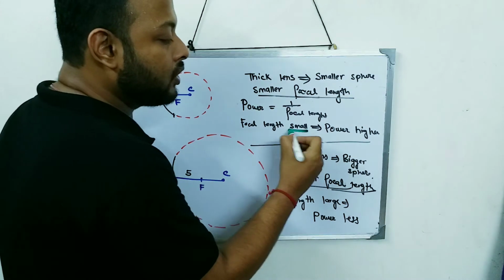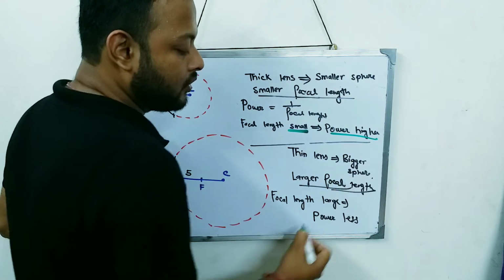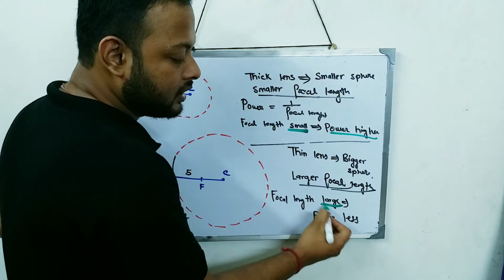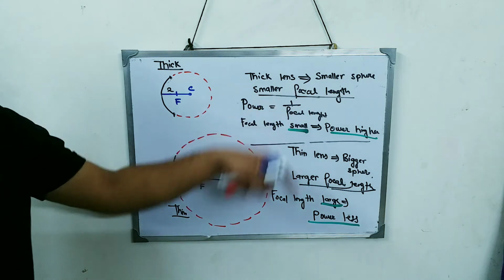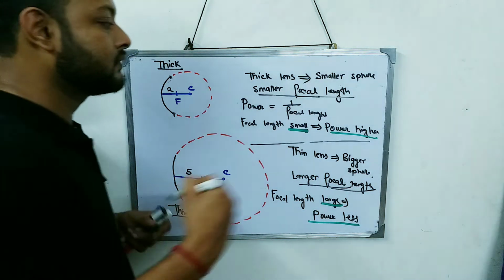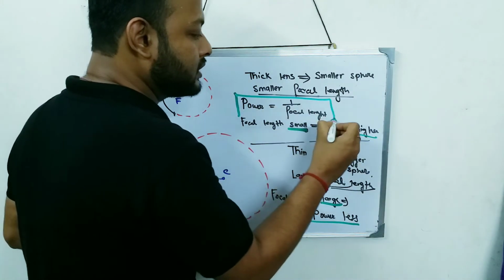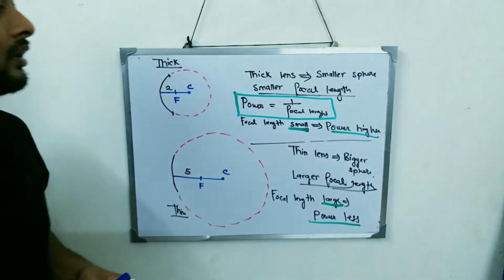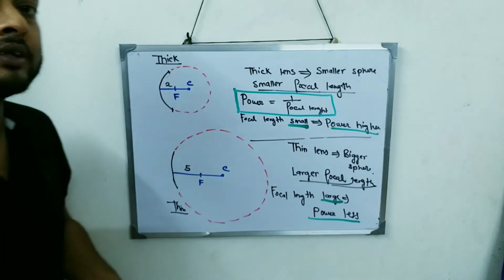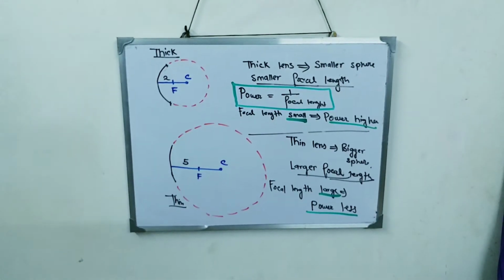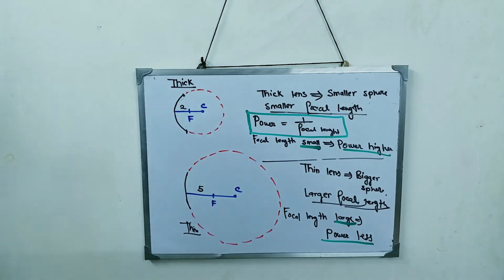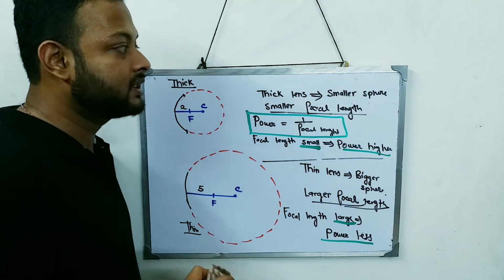Focal length is small, power is higher. Focal length is large, power is less. So power is equal to 1 by focal length. Just remember this formula. This formula is something you have to know. So I hope you understood the basics of this power concept.